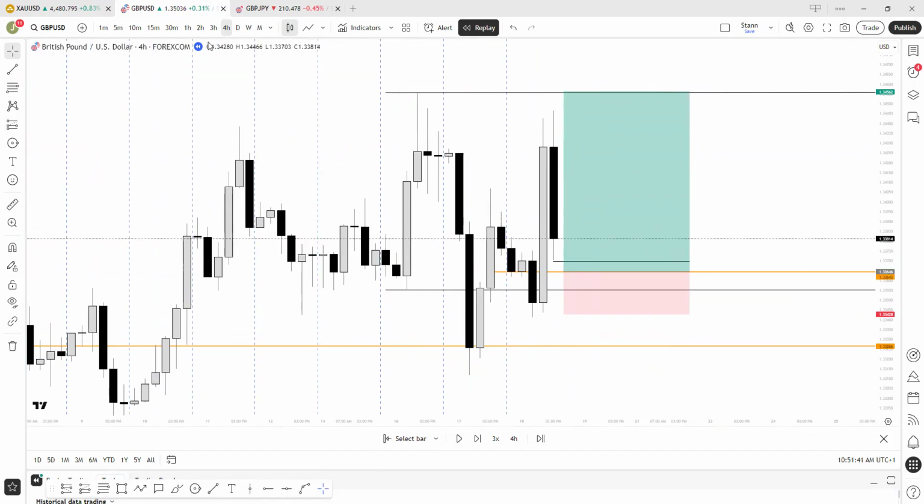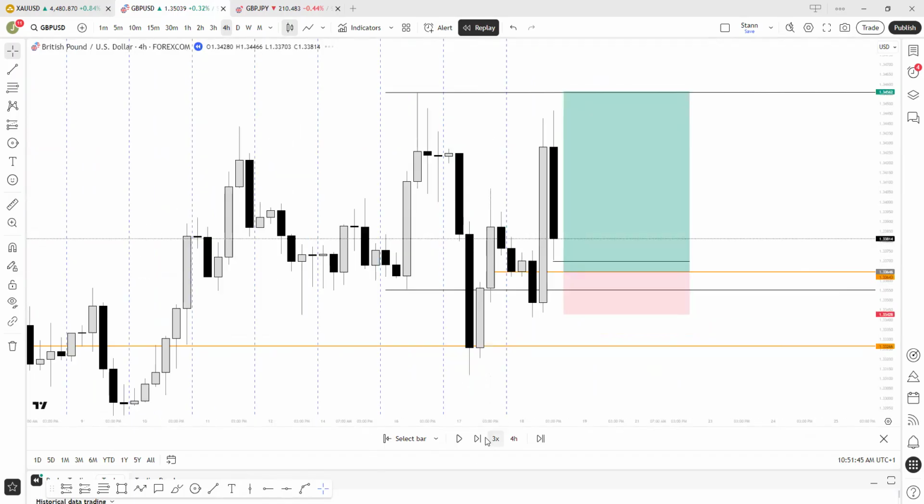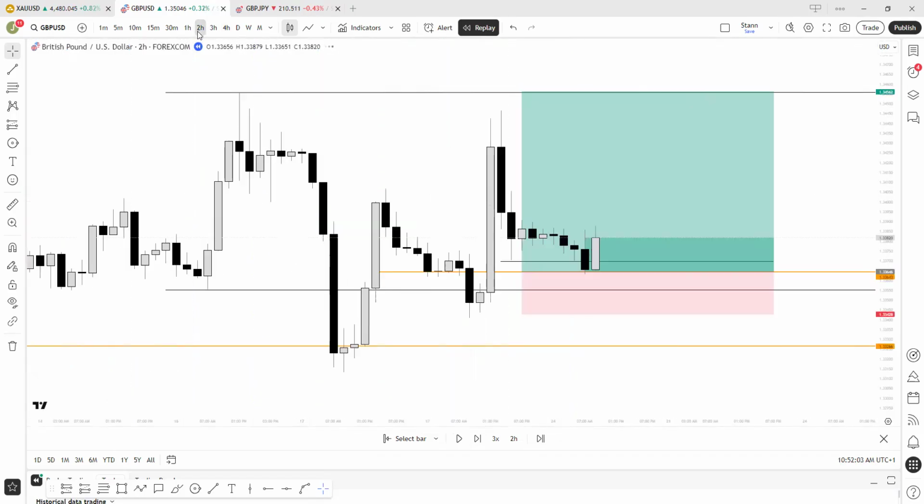Now, let me go back to the 4 hours time frame. Once price gets to that 4 hour level, watch something. Price will go to the 4 hours level and get rejected. We go to the 2 hours time frame. What are we looking for now?